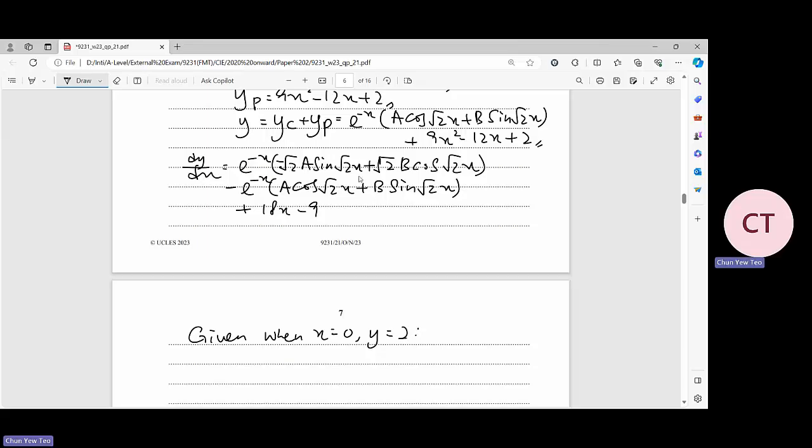So from this equation, 2 equals e to the power 0 times (a cos 0 plus b sin 0) plus 2. So over here, if you simplify it, you will get a equal to 0.